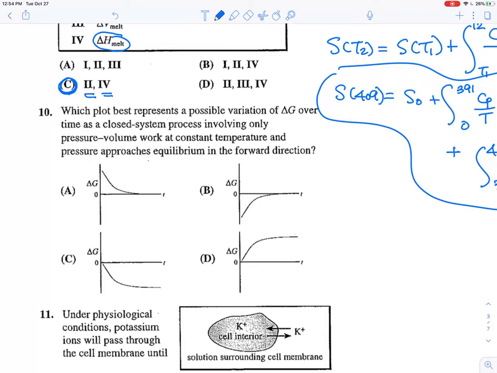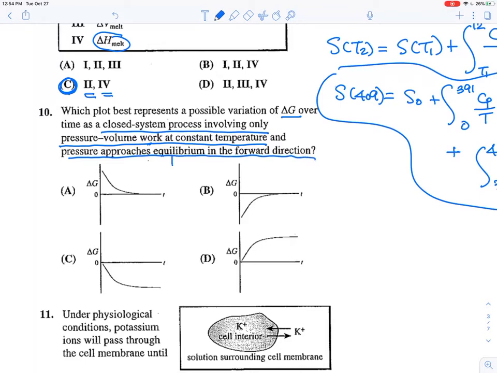Okay, so number 10: the plot that best represents the possible variation of delta G over time as a closed system process involving only pressure-volume work at constant temperature. So I guess ideal isothermal volume change work, and the pressure approaches the equilibrium in the forward direction.